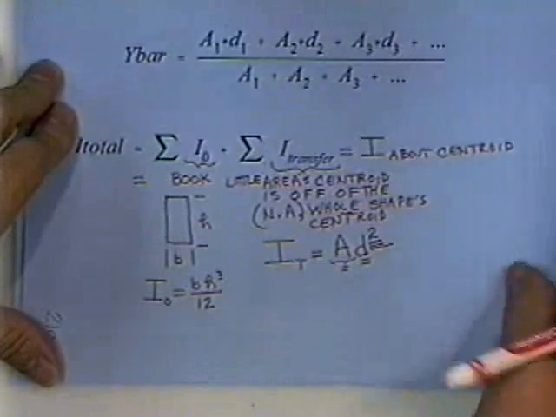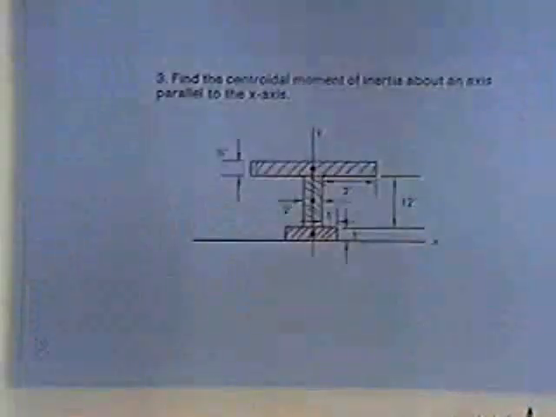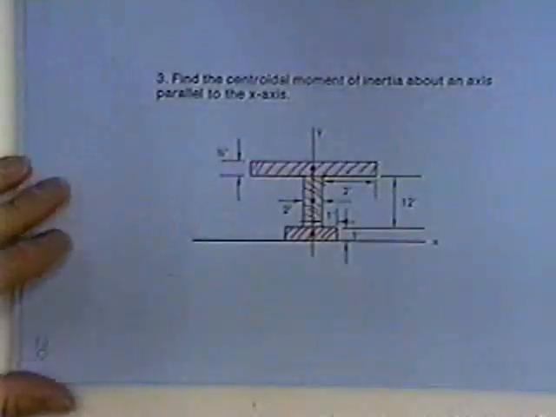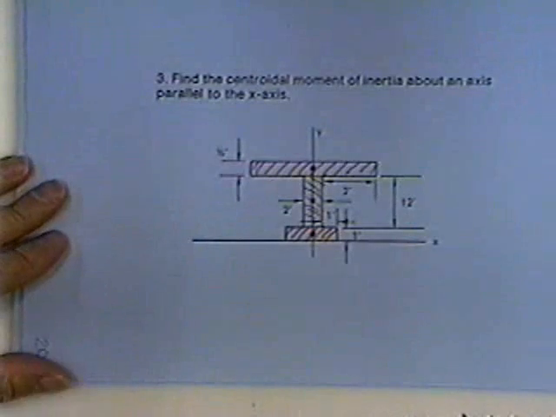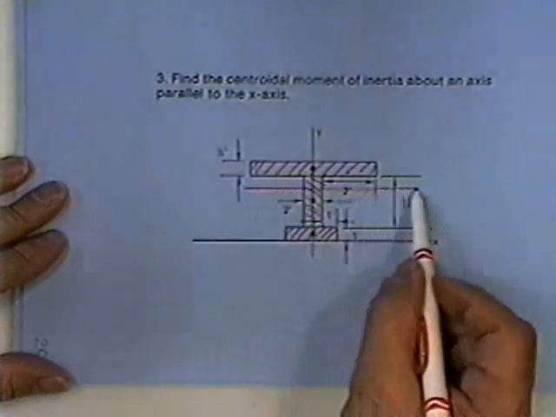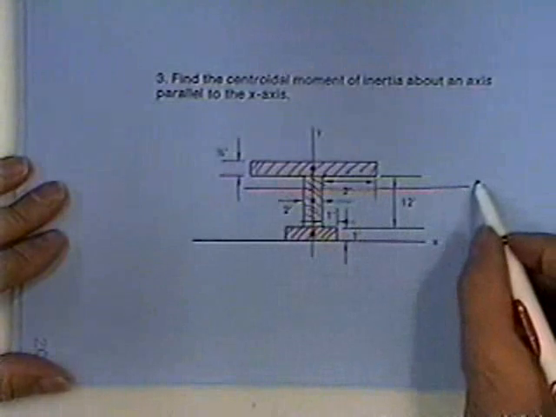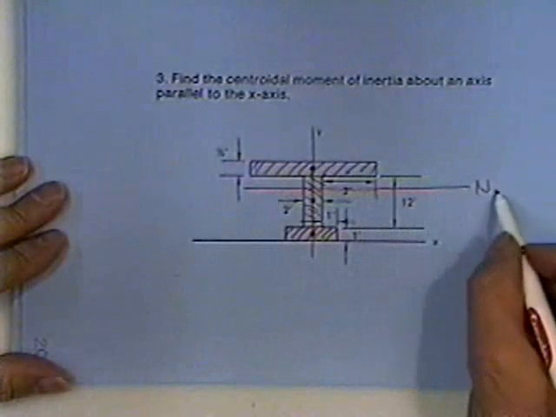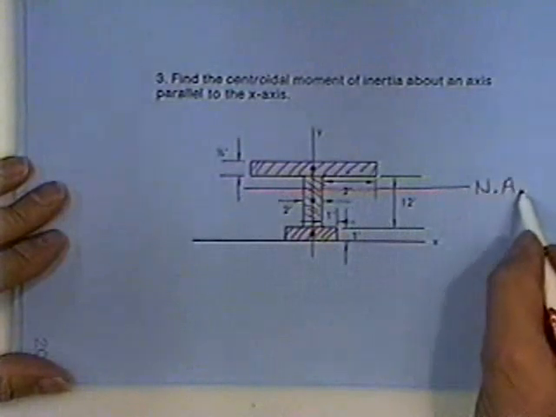Now let's go back to the one we just did. Looks like a kind of a T-shape. I'm going to find the location of the neutral axis. In other words, I'm going to find the location of the centroid.